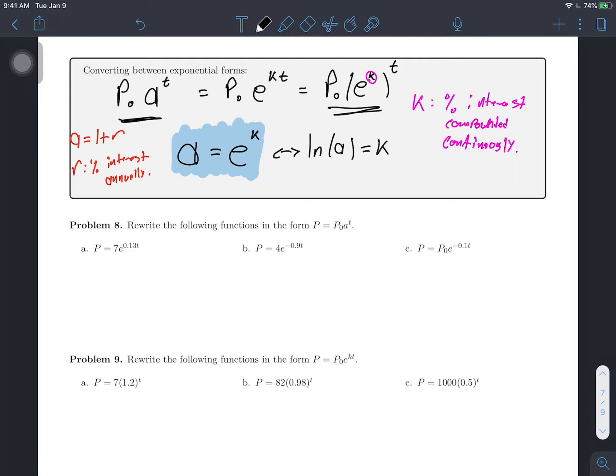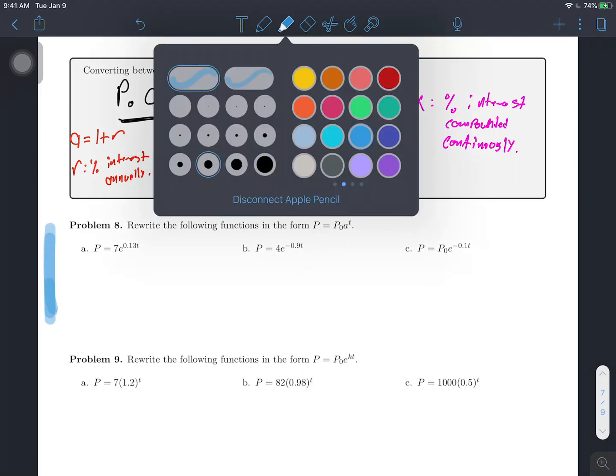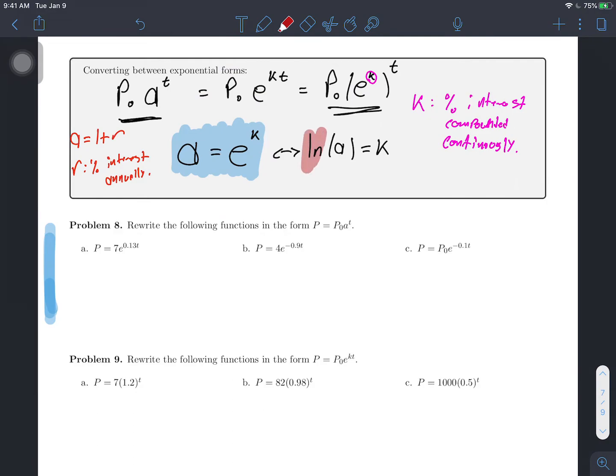We're going to be using this blue equation first for problem 8, then we're going to use our red equation for problem 9 to convert the other way.